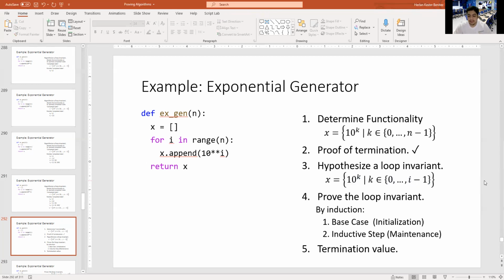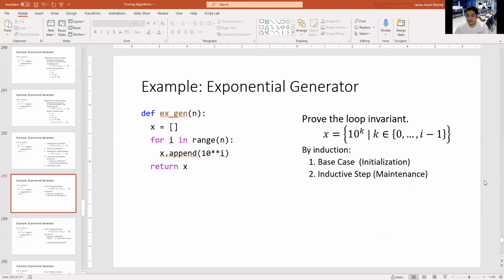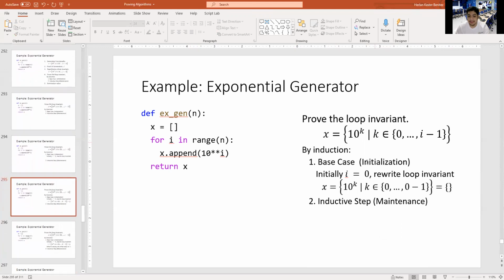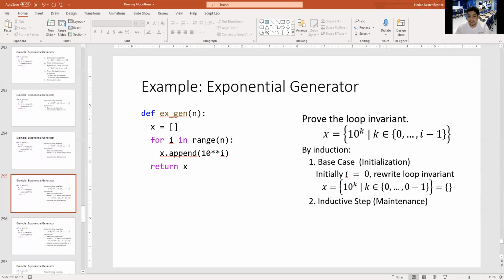You'll see that the proof of this is fairly straightforward. So, proving the loop invariant. For the base case, initially i is equal to 0. Let's just rewrite the loop invariant: 10 to the k, k from 0 to 0 minus 1, or negative 1, which is technically an empty set.